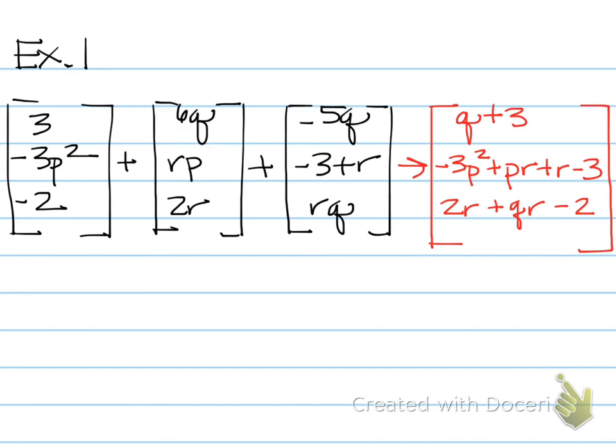Again, we want to put the variables in alphabetical order. And there are no like terms there, so all I can do is just write each one of the terms out. So 2R plus QR minus 2 is what I should have for that third element of our answer matrix.